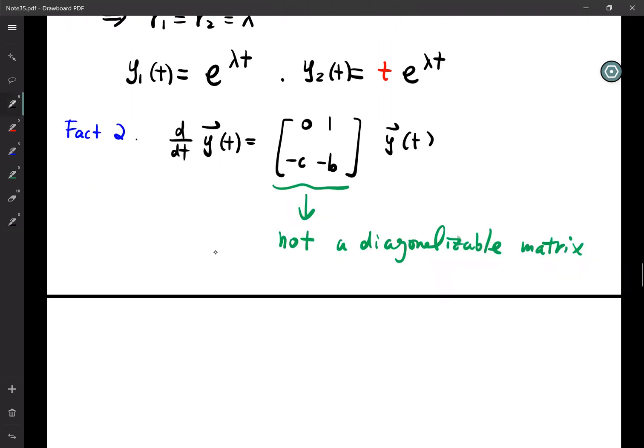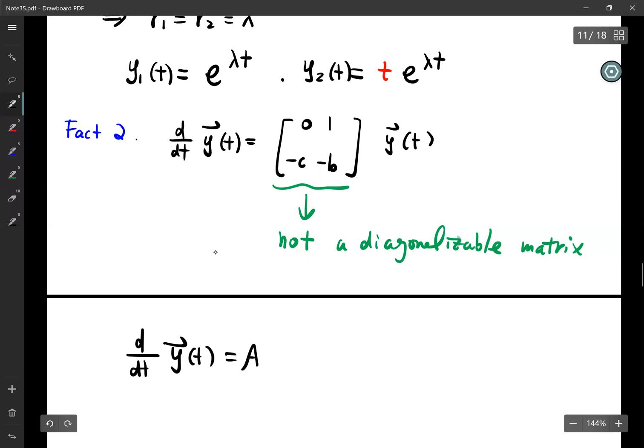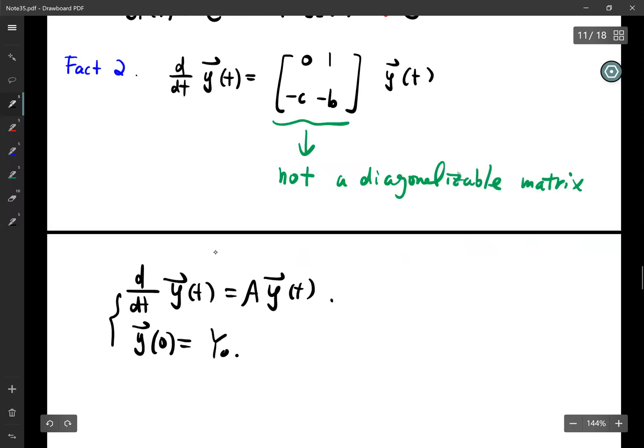So another thing I want to say is I talked about the fundamental solution set. It turns out, I have written this for really a lot of times in this class, starting from y(0), y(0).